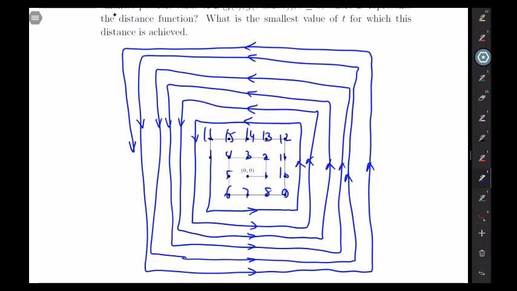Now let me write out all the diagonals. Along this diagonal it was 2, 12, 30, 56, 90, I think you guys said, right?